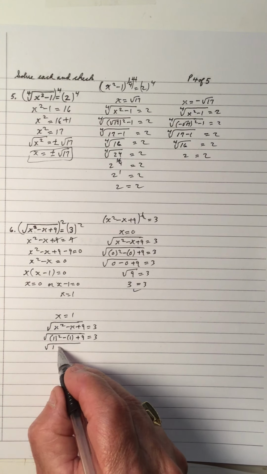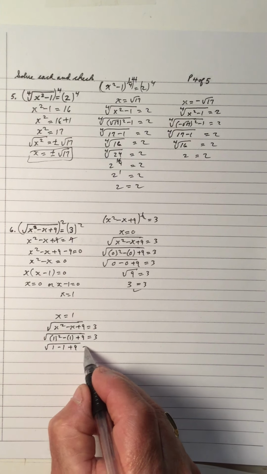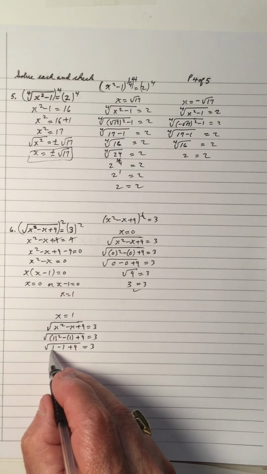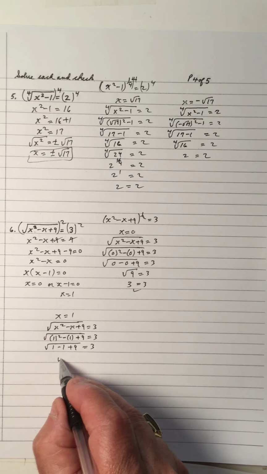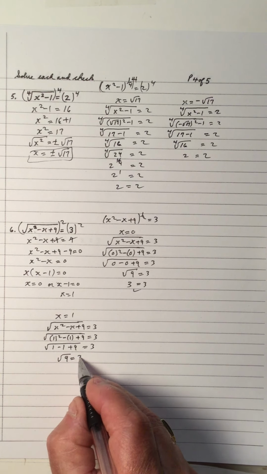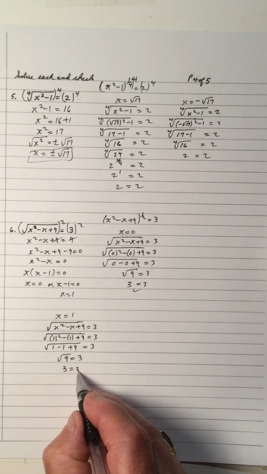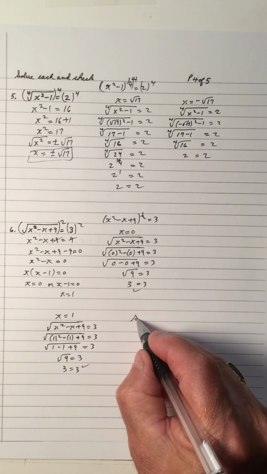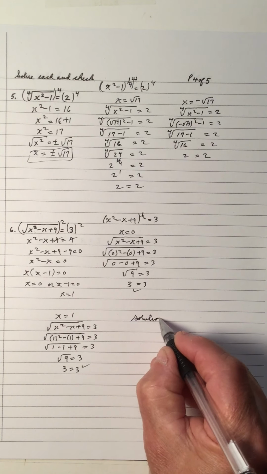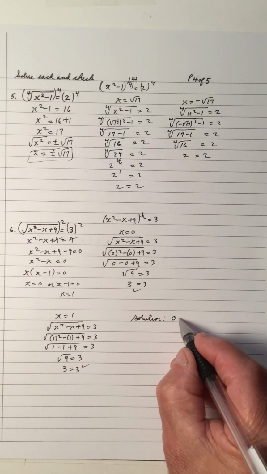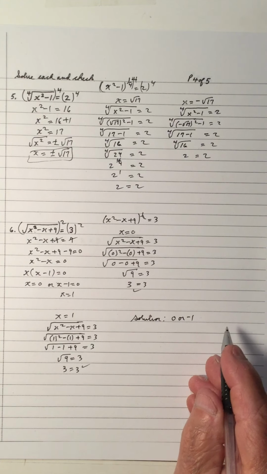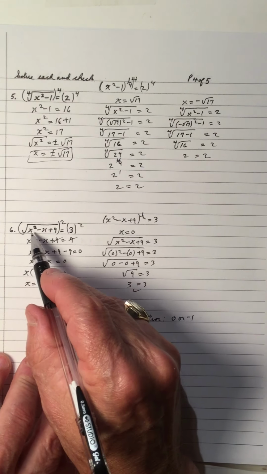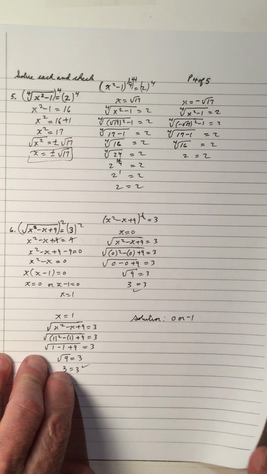The negative of 1 is negative 1. And that's 0 plus 9. That's the square root of 9. It's 3. Square root of 9 is 3. True. So there's two answers. So the solution is 0 or negative 1. There's two of them because they're quadratic on the inside of the root.